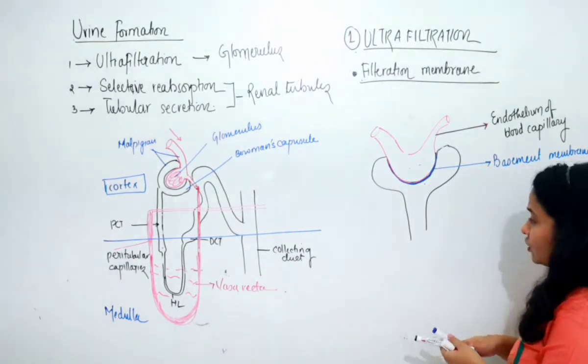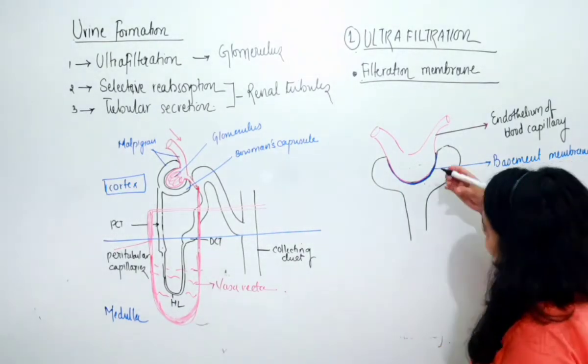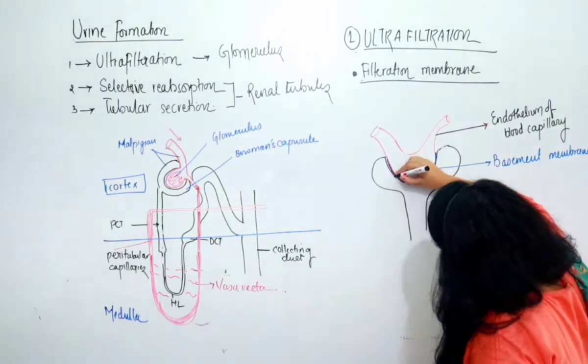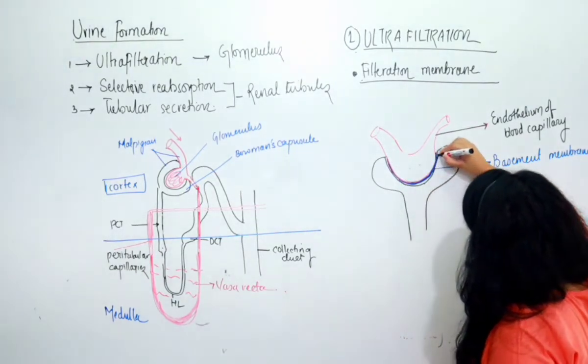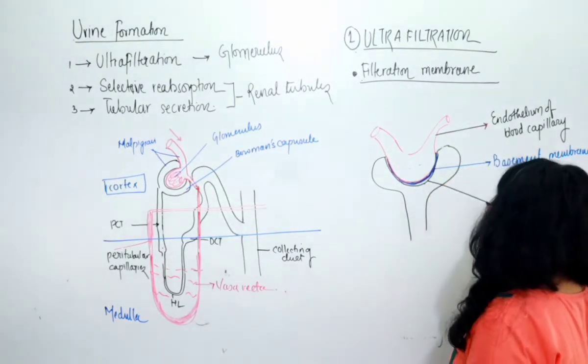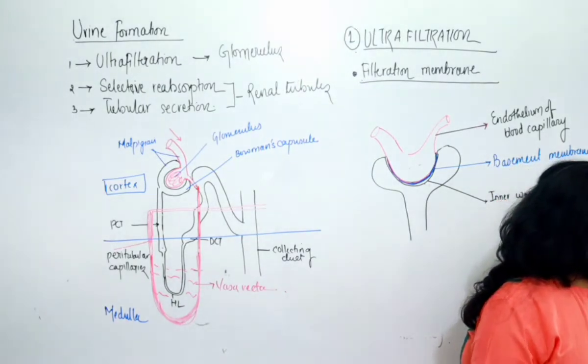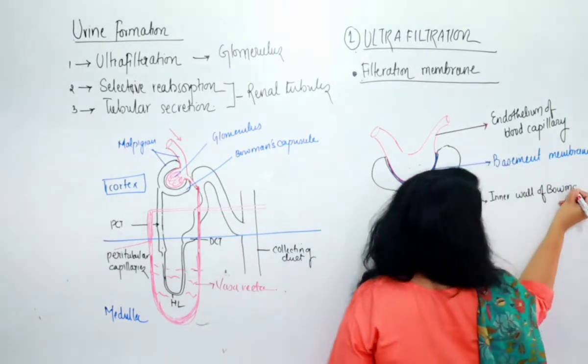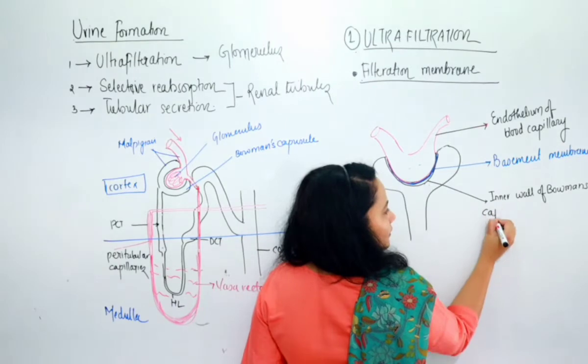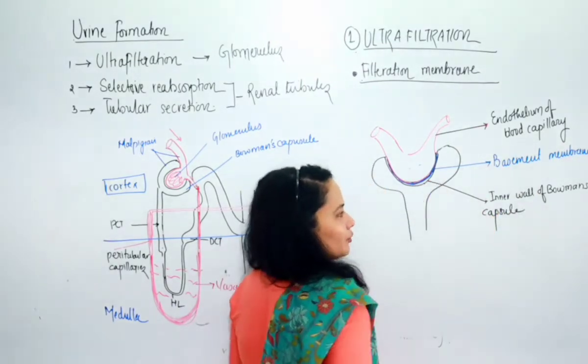Now, the third layer. The third layer is the wall of Bowman's capsule. Here we go with this. So this is the inner wall of Bowman's capsule.